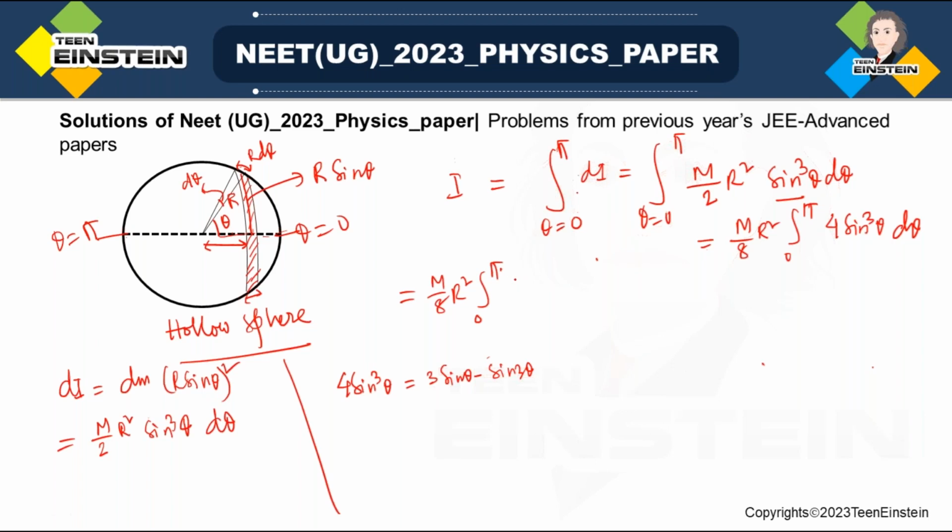Now put it here: 3 sine theta minus sine 3 theta d theta.